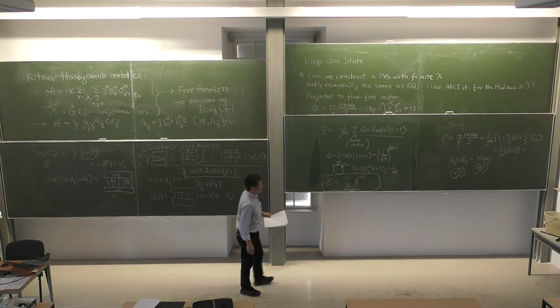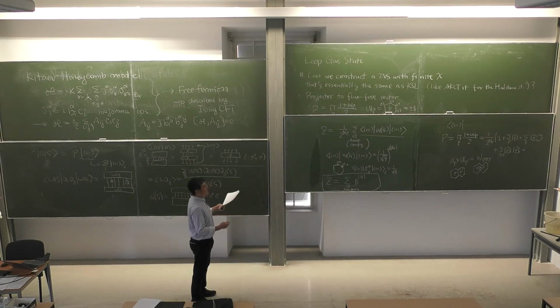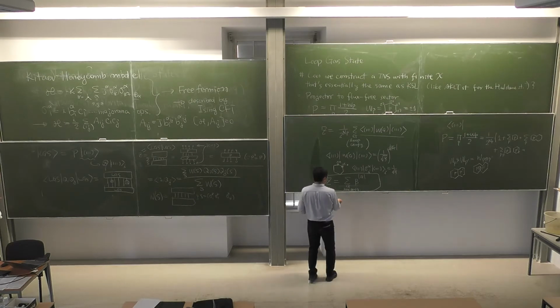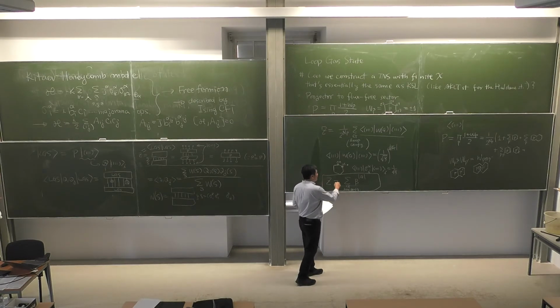And actually, this is the simplest case. There is a family of loop gas models, and the more general loop gas model is defined not only by the volume of the graph, but also by the color of the graph. So in our case, we don't have any color.